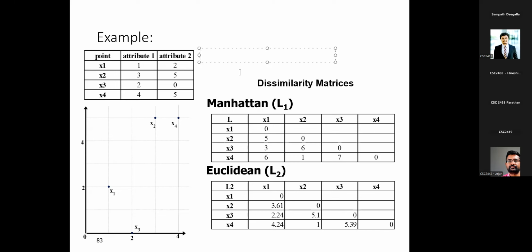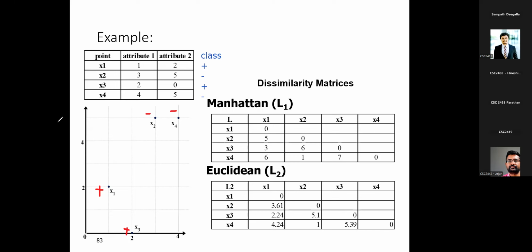Let's say this is class, and x1 is plus, x2 is minus, x3 is plus, this is minus. So these are the class labels, assuming that we have classes also given. That means we have positive, this is negative, this is negative.